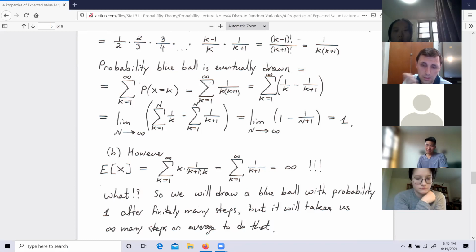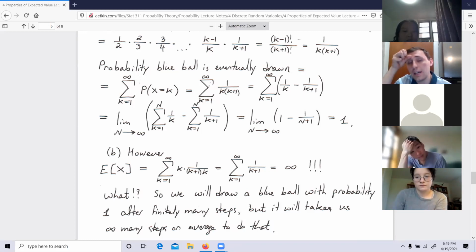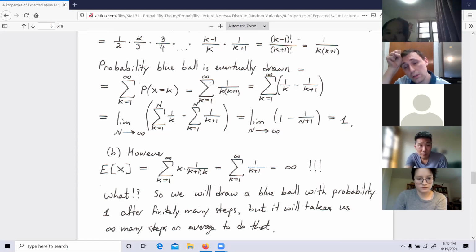The probability you will stop after the first drawing is 1/2. Half of the times you play this game, you will be done after the first drawing. If you played 1 billion games, about half of those games will terminate after the first drawing. Yet on average, it will take you infinitely many drawings to end the game.